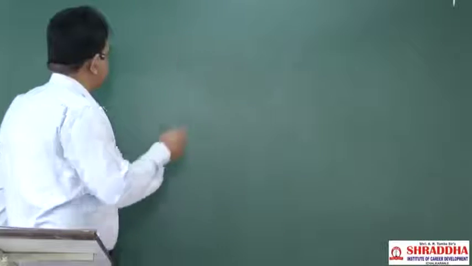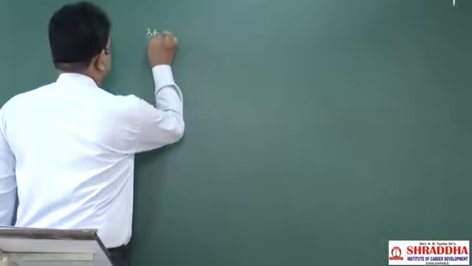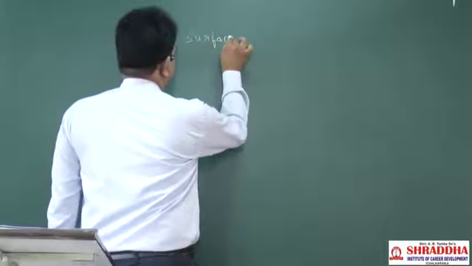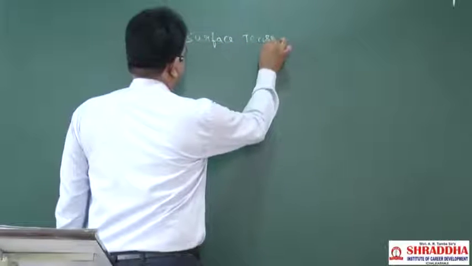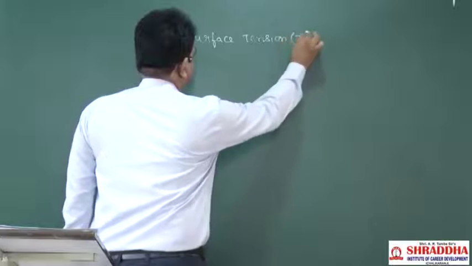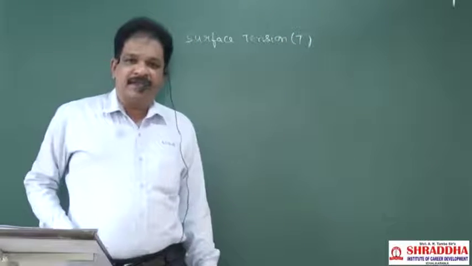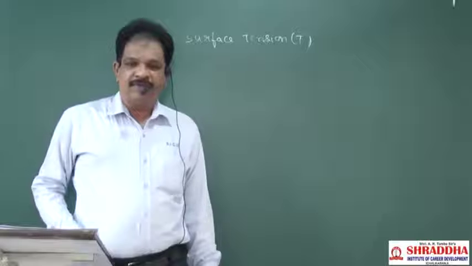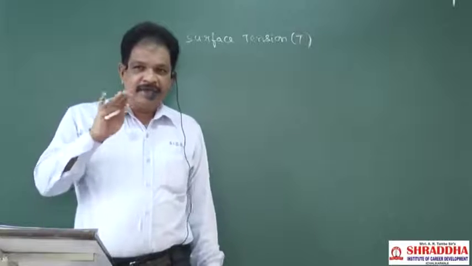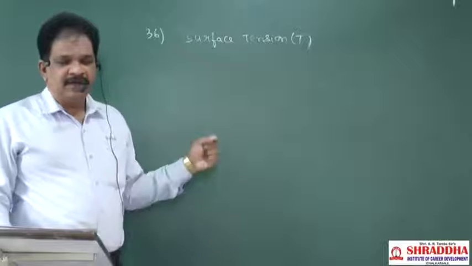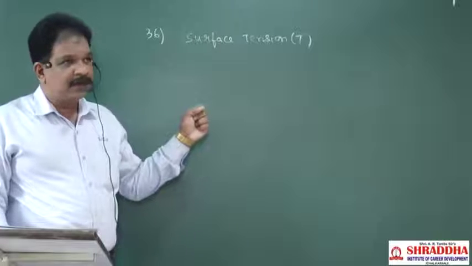Next, 36: surface tension. This surface tension is indicated by the letter T. If we observe liquids, the liquid surface behaves like a stretched elastic membrane.